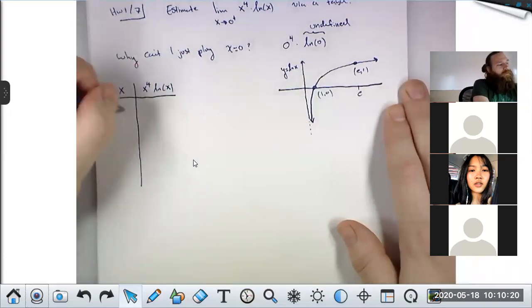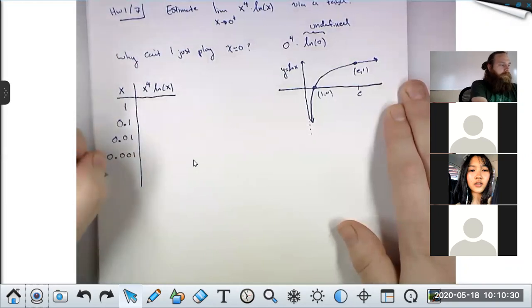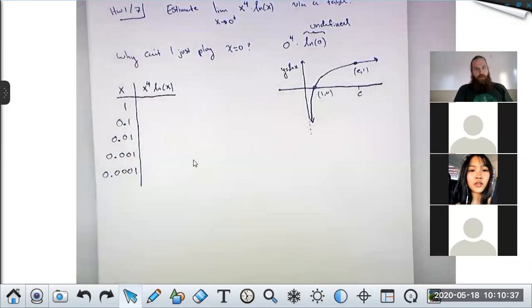I can't plug in 0, but I can plug in 1, 0.1, 0.01, 0.001, and maybe 0.0001, and see what those outputs look like.